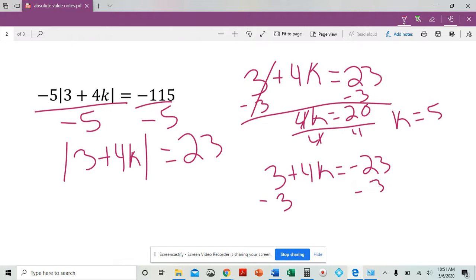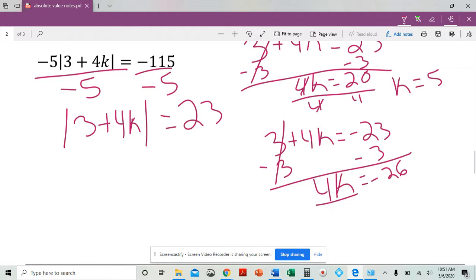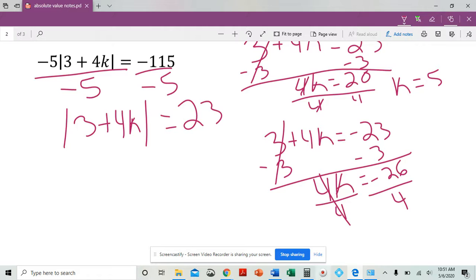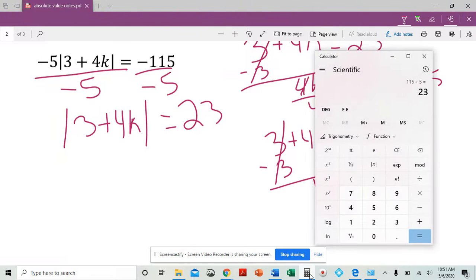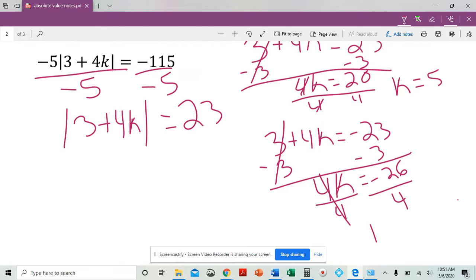Subtract 3 from both sides. We're going to have that 4k equals negative 26. We're going to divide both sides by 4. We're going to have that k equals negative 6.5.